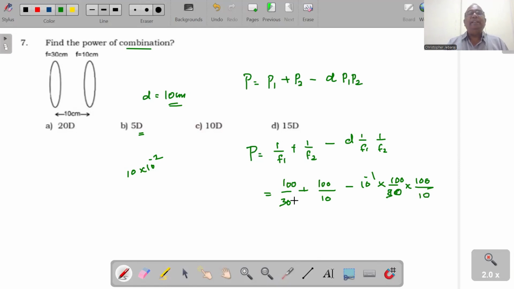So 100 by 30 is 3.3, 100 by 10 is 10, giving 13.3, minus 3.3, where the 10 to the power of -1 gets cancelled. 13.3 minus 3.3 is 10 diopter, which is the answer.